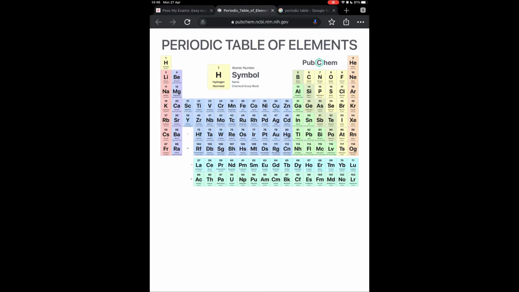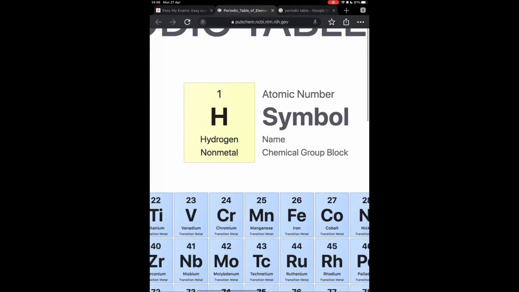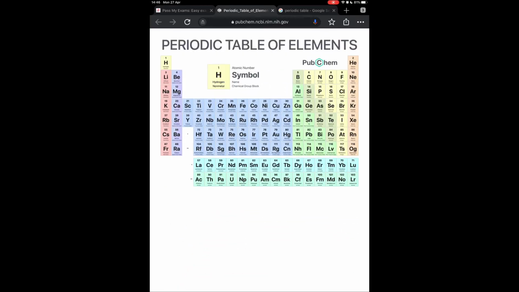And these might not mean much to you, but what you can see is that the number at the top of each element, the atomic number, the example here being hydrogen, which has the atomic number of 1, increases by 1 every time.